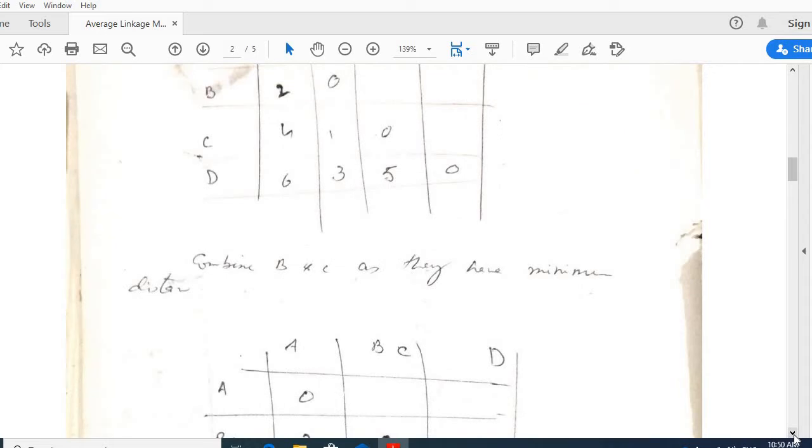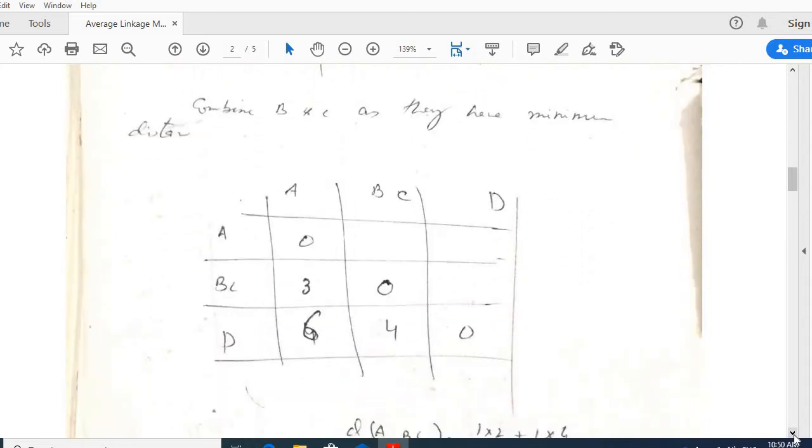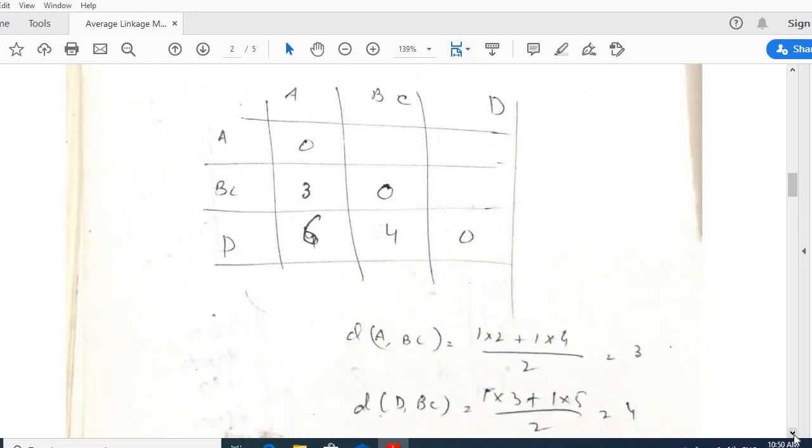So now what we have to do, we have to generate another matrix after making averages of B and C with the remaining individuals, the distance between A and the group BC.